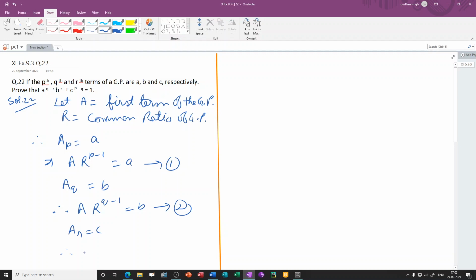Again applying the formula of An, because we have taken A1 as capital A, A into R raised to n minus 1, where n is here r, so A capital R raised to r minus 1 equal to c. So this is our equation number 3.